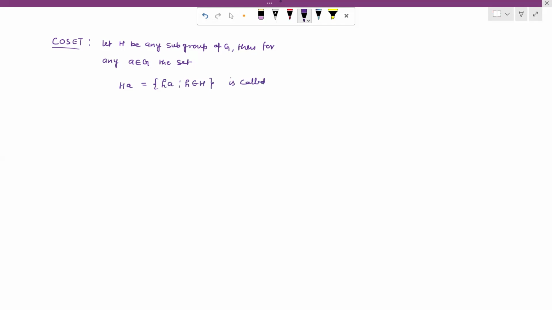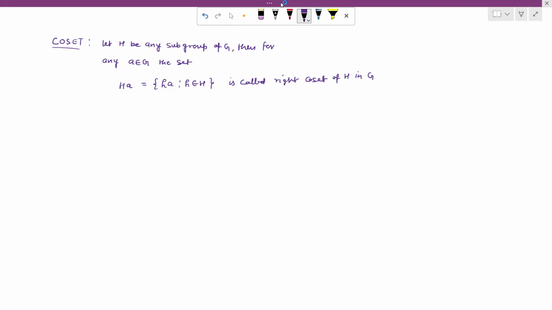On the basis of this element a, it is called the right coset of H in G.